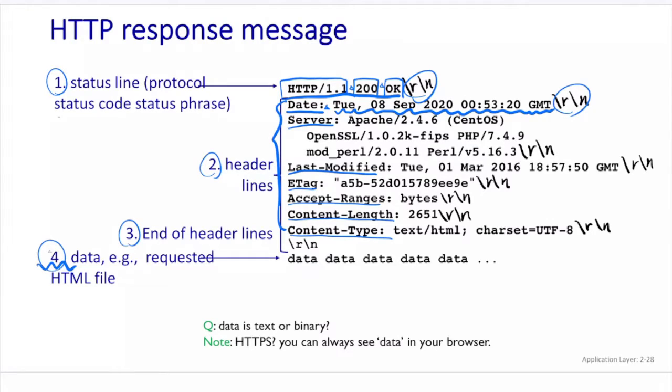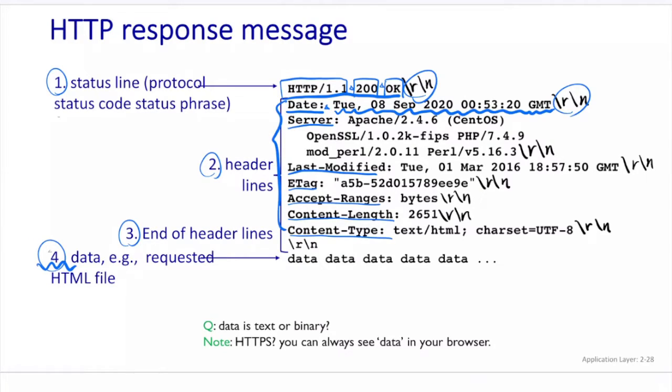There's a very clear definition of how to represent the date in the HTTP protocol. Okay, so after that is the server. You have to specify what server you are. For example, right here it is an Apache server 2.4.6 in CentOS, which is a Linux operating system, and there are several different modules right here.